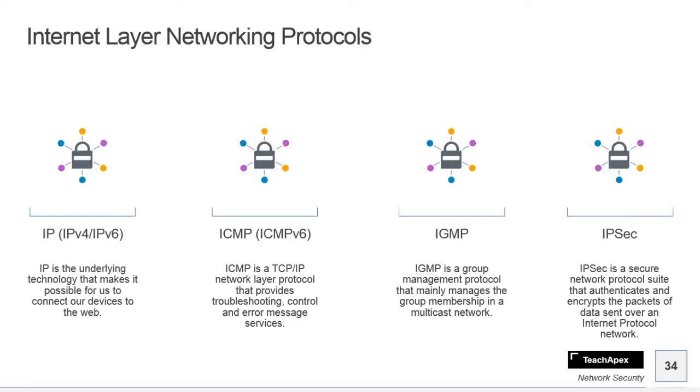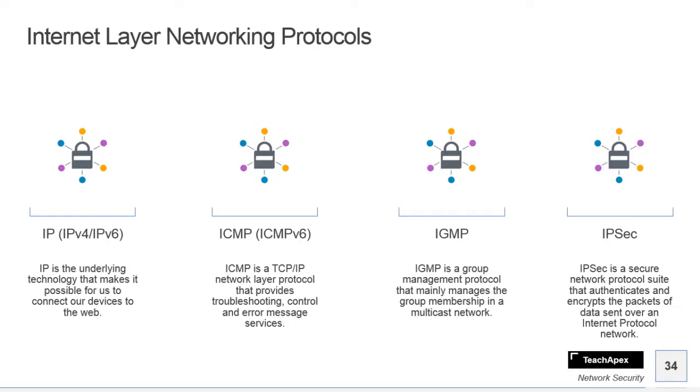Next we have ICMP. It's basically the Internet Control Message Protocol. It works on the internet layer and provides troubleshooting, control, and error message services. It's basically for controlling the messages over the internet.